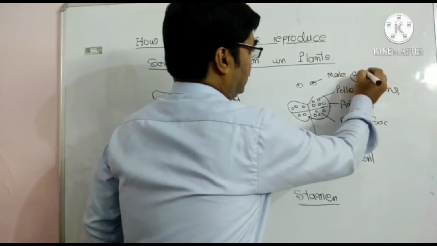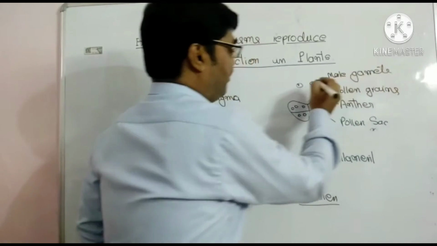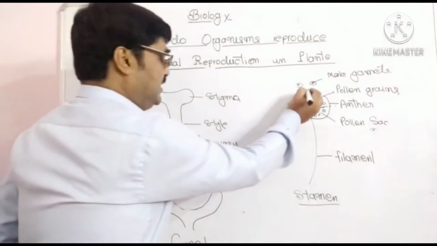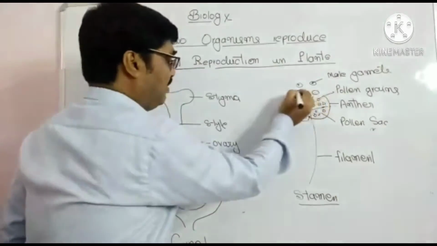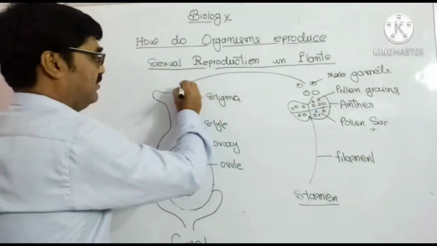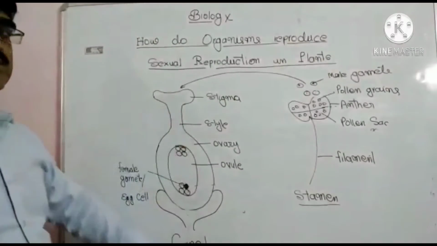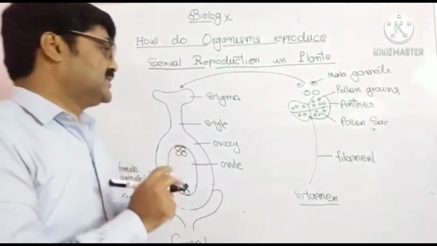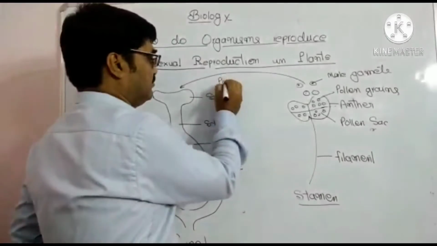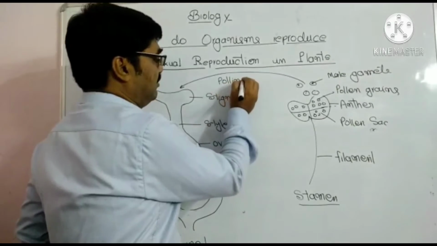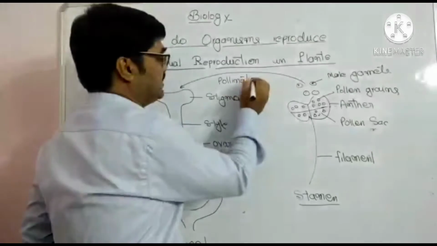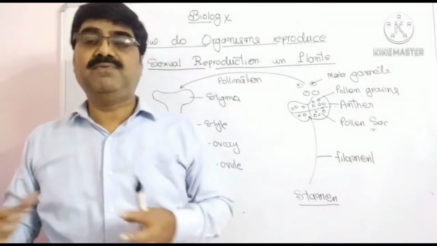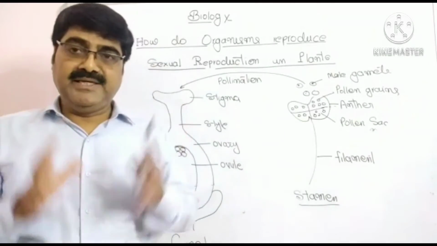Now these pollen grains are transferred from one flower to another flower, and they reach the stigma of the same or another flower, and this process is called pollination. What is pollination? The transfer of pollen grains from one flower to the stigma of another flower is called pollination.